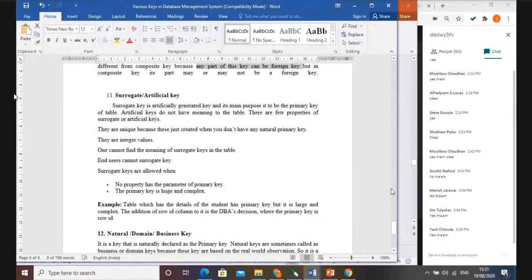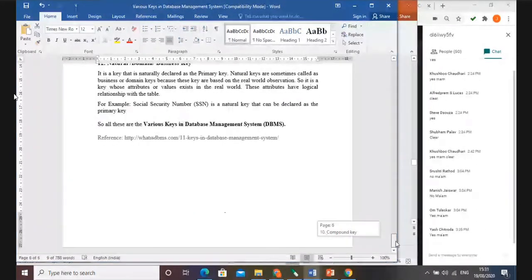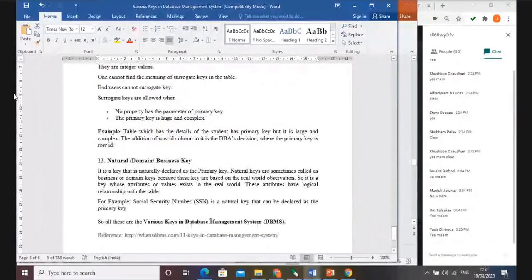The last one for the key part is natural or domain or business keys. Here, natural or domain keys are naturally declared as primary keys. For example, SSN, the social security number, is always unique in the US. You remember that, or if you know that, then social security numbers are always unique in the US.